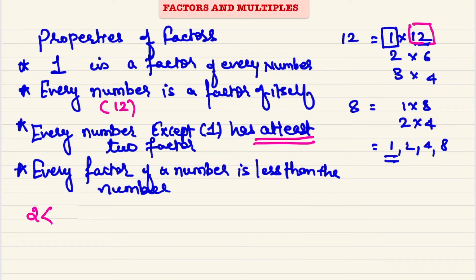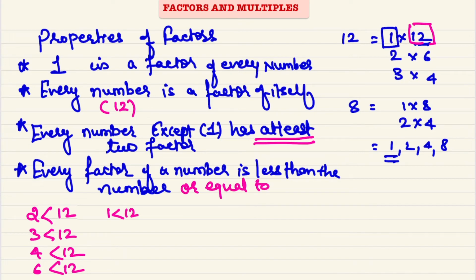So 2 is less than 12, right? 3 is also less than 12, 4 is less than 12, 6 is less than 12, 1 is also less than 12. So every factor of a number is less than or equal to the number. Here the last factor is 12, which is equal to the number.